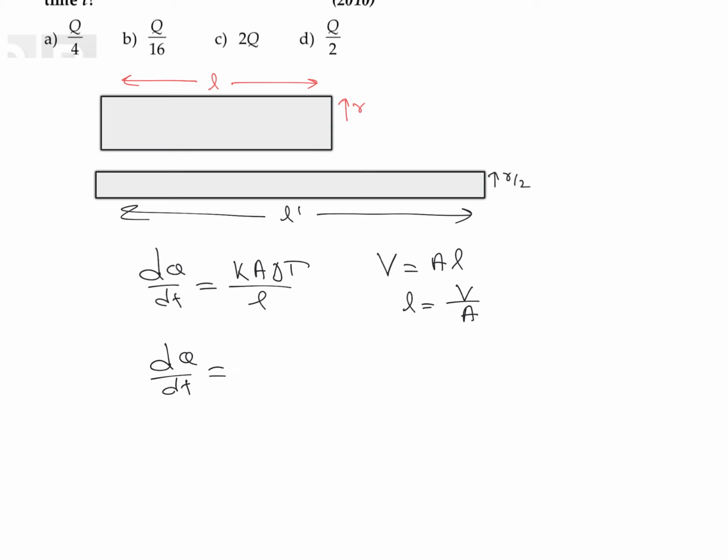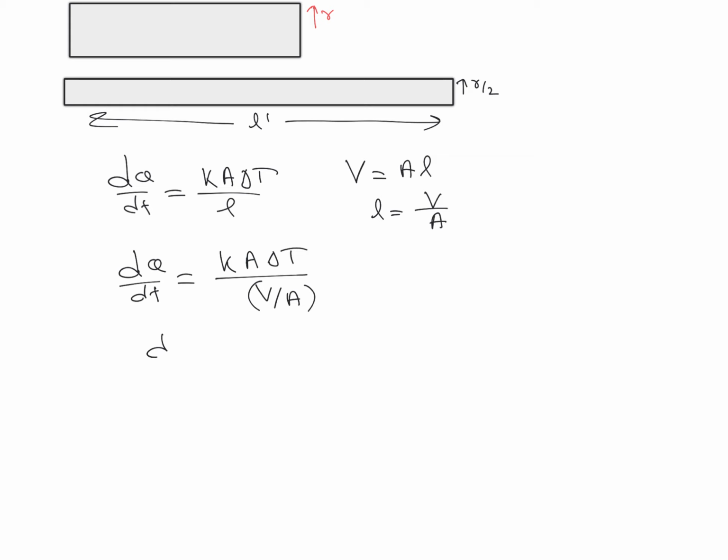So we can write dQ by dt is equal to k into A into delta T divided by, instead of L, V by A. So this A goes to the numerator, and dQ by dt will be equal to k into A squared into delta T divided by volume V. According to this question, we are keeping everything constant other than radius.